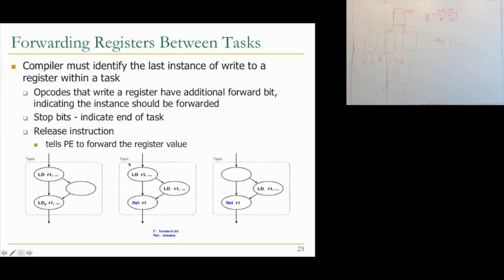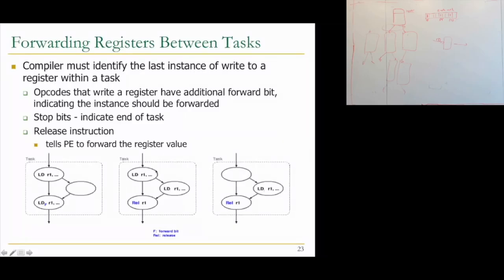In this case, which is a separate case, the task, depending on the control flow it takes, can produce two different values for R1. If the control flow goes this way, this value of R1 should be forwarded to the next task. If the control flow goes this way, then this value of R1 needs to be forwarded to the next task. In this case, these loads are not marked with forward bits, but there's an additional release instruction added.